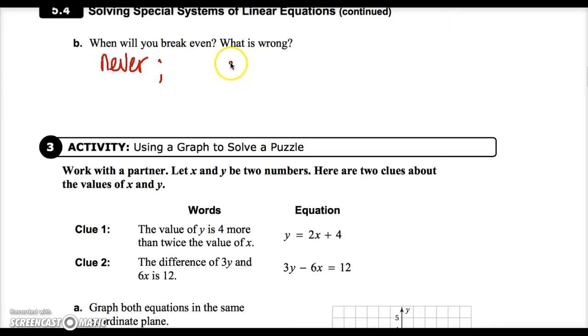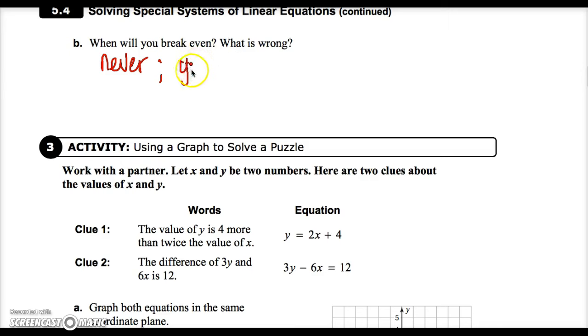And what's wrong with that picture? Well, you may have noticed this right in the beginning when we read the problem, that it costs you $15 to make a backpack, and you're only selling it for $15. So you can't expect to make a profit if you are selling the backpack for the same price that it costs to make it.